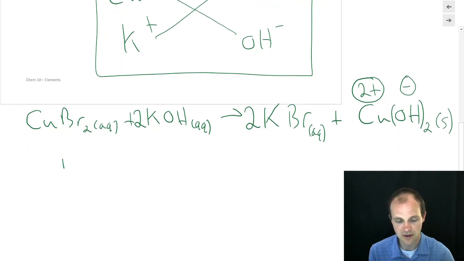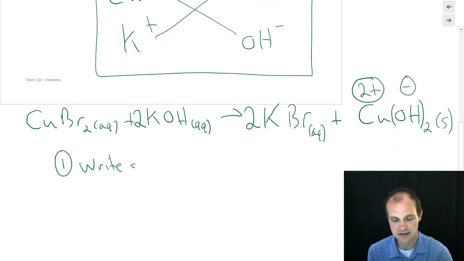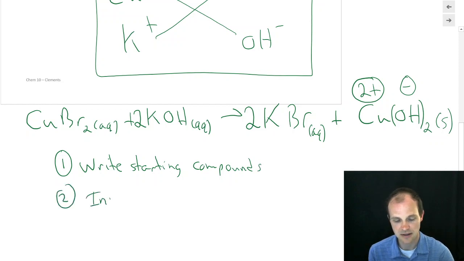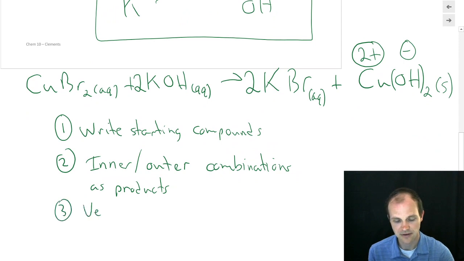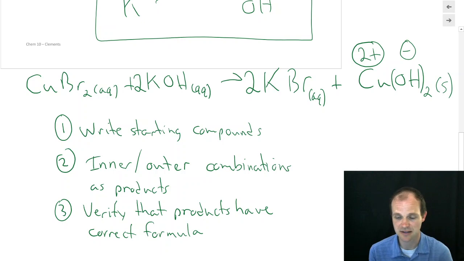So we're going to write the starting compounds. We're going to do 2, the inner, outer combinations as products. 3, verify that products have the correct formula, that we've done all of our charge balancing that we did here, right?